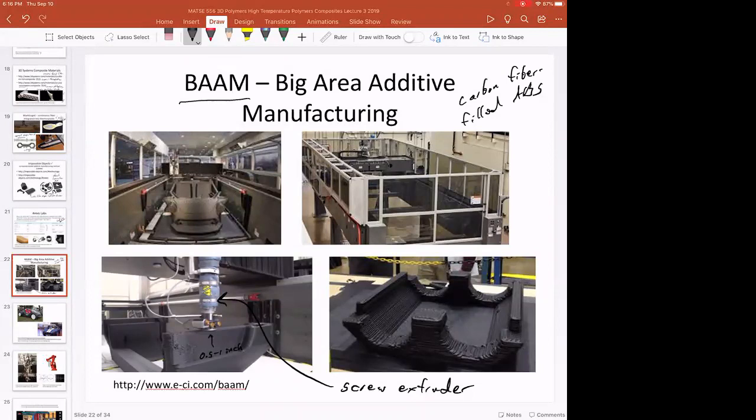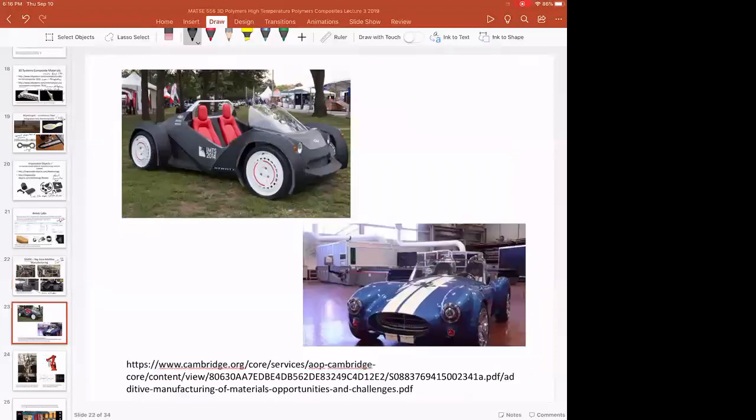And of course, the scale bar on this is something like 4 feet or something like that. So composite materials have really played a role in the development of BAM, or making big structures. And we'll talk about why they use composites for this specific application versus just using unfilled ABS or using polycarbonate or something like that.